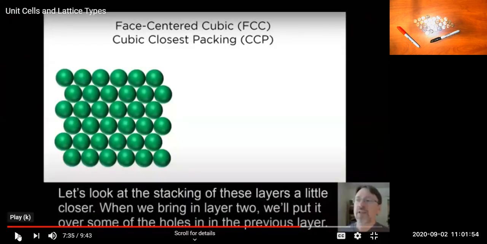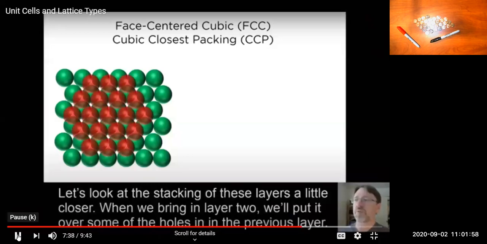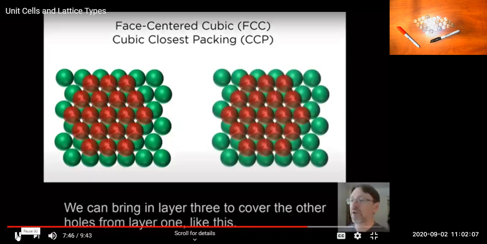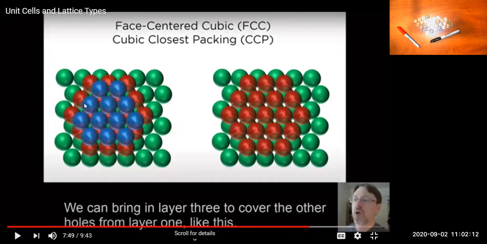This here is showing what I described a minute ago. We bring in a second layer, and then we have a choice about how to bring in the third layer. There we are doing ABC, and so the blue layer is going over the holes that were present in both of the first two layers.